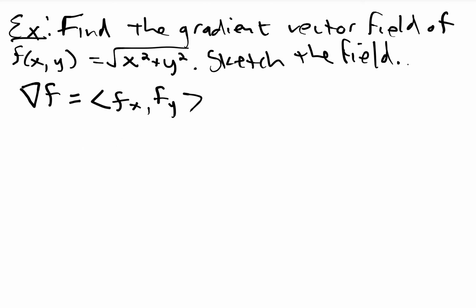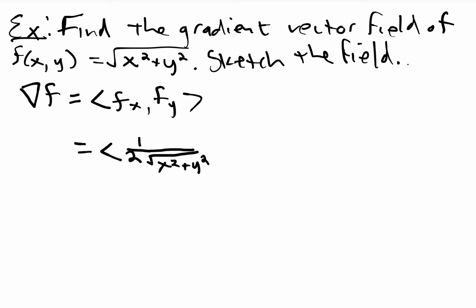So if I want to take my x partial here, you will have to apply chain rule to this particular function. Since this is x squared plus y squared to the 1/2, you will get 1/2 times this thing to the negative 1/2. So basically that square root's going to now be in the denominator.